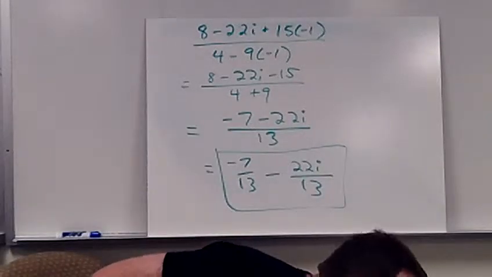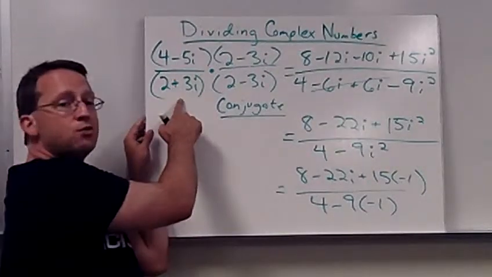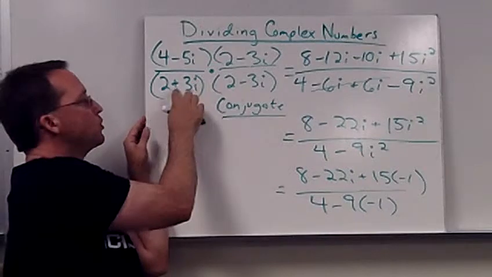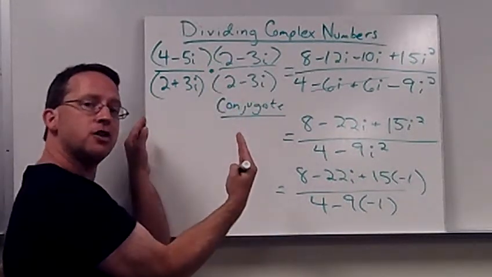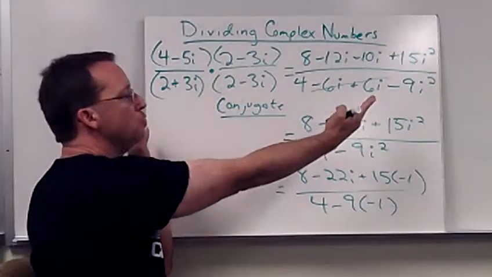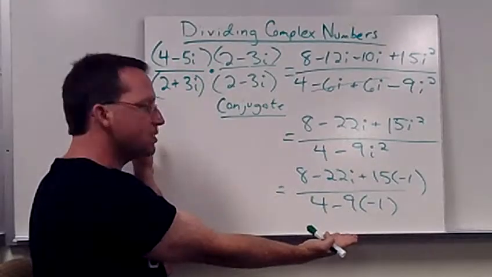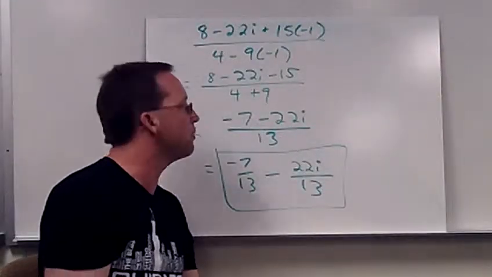So again, I'll take you through the whole process just to review real quick. You're always going to use the conjugate of the denominator. Take what's on the bottom, just switch that sign in the middle, multiply both the top and the bottom by that conjugate. Okay? Use our multiplication process, substitute the fact that i squared is negative 1, and then go and simplify the rest.